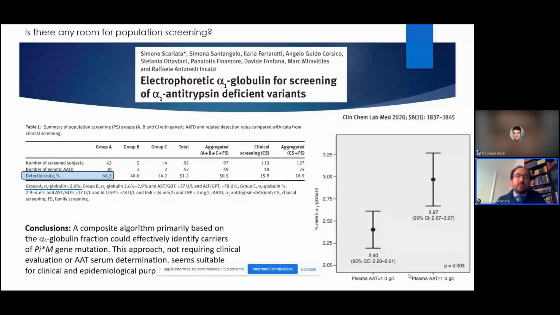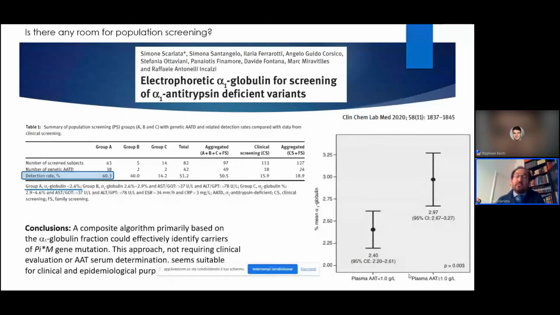Again, a similar approach was used in this study. It was made by our group, where we were able to obtain a 60% detection rate, identifying those patients with an alpha-1 globulin level below 2.6%.